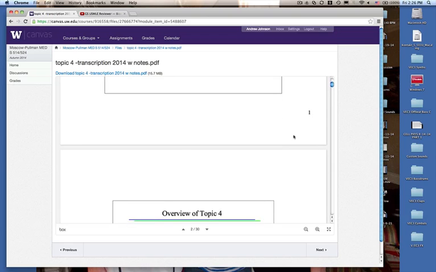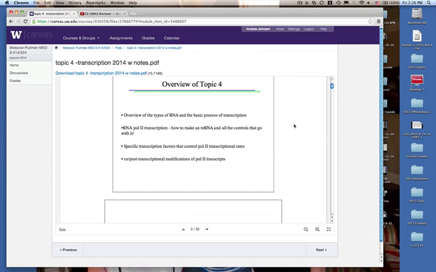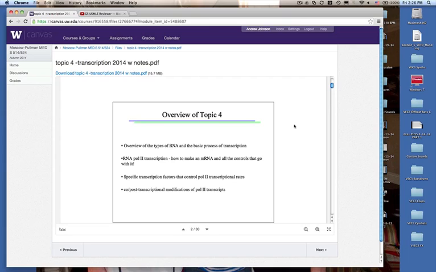Okay, so we're going to talk about the different types of RNA and get a little bit into Pol 2. So RNA polymerase 2 in our cells does the transcription for mRNAs, right? For messenger RNAs that are going to be encoding proteins. We have to talk about how that is regulated, right?